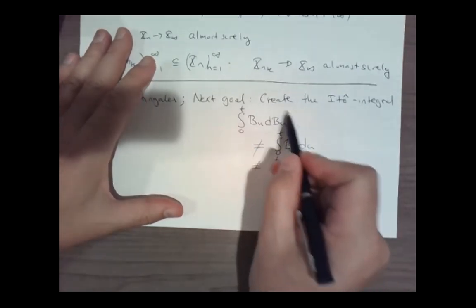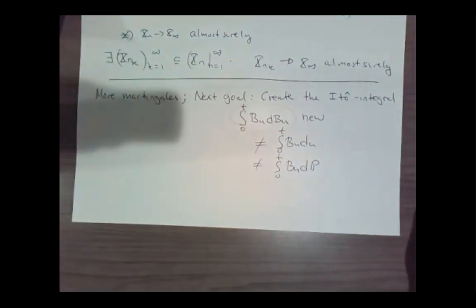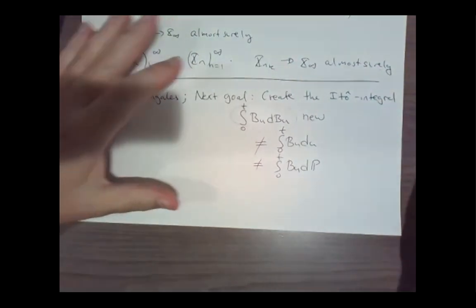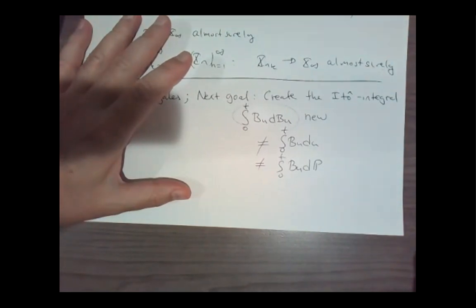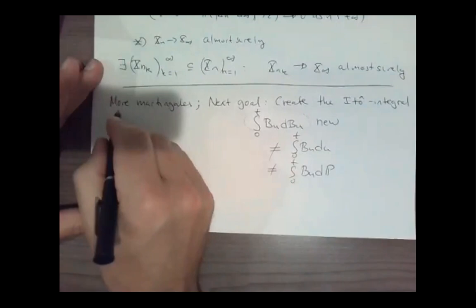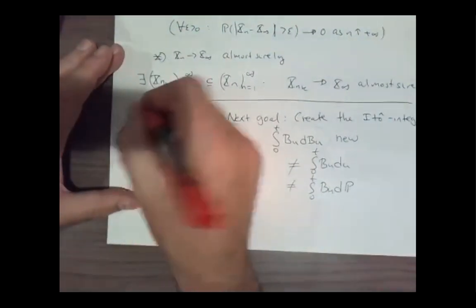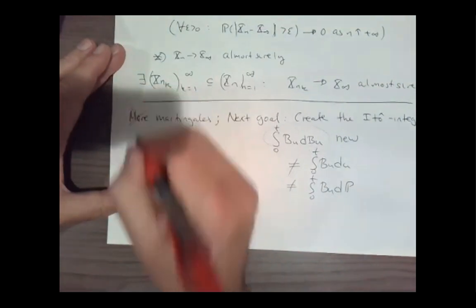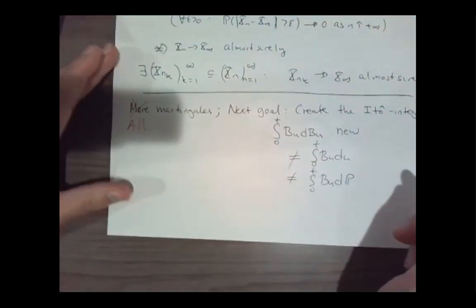This object here, this is new. And what we shall see is that when I'm talking about martingales, it's not just more martingales. I should really say it's all martingales.